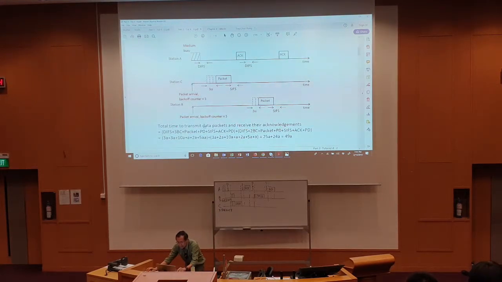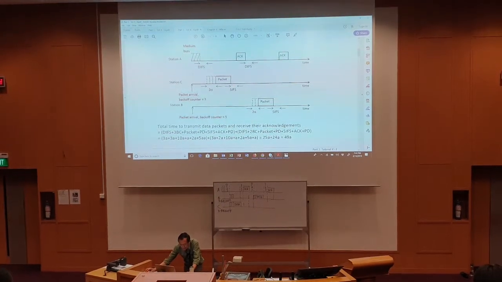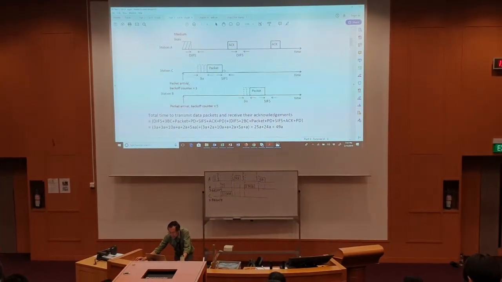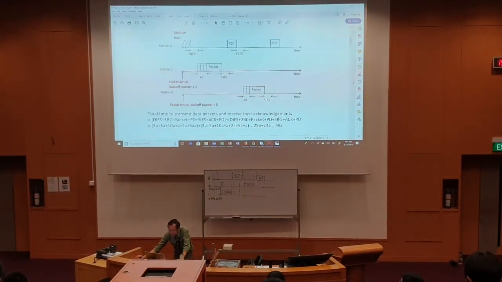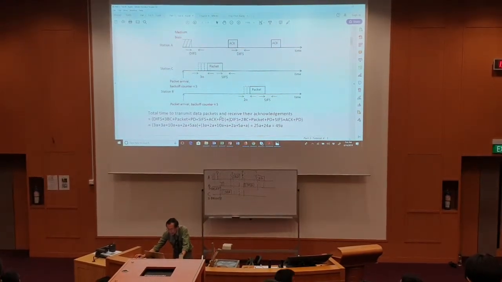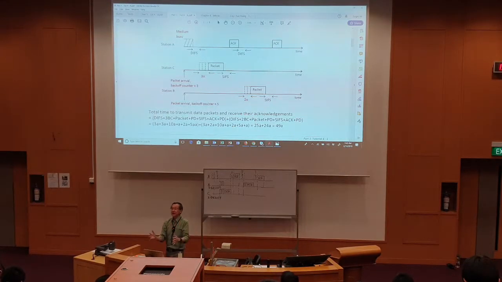Okay, so DIFS is this guy, 3 backoff is this guy, packet is this guy, alright, plus propagation delay. Then SIFS, then acknowledgement, then packet delay. Because every time you send a packet, there's a packet delay, right? Because of propagation. Okay?